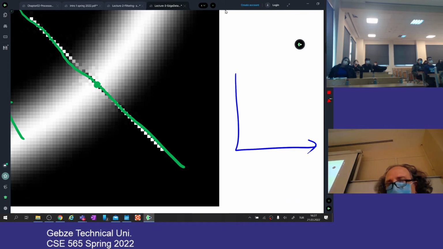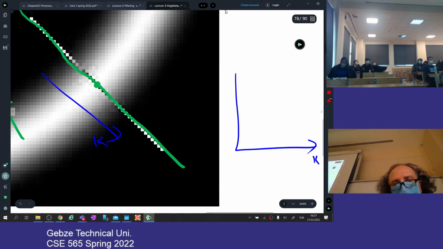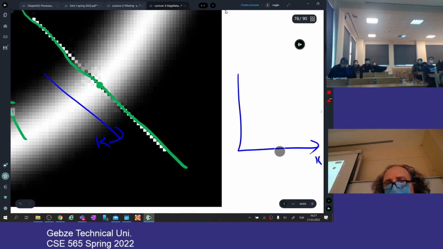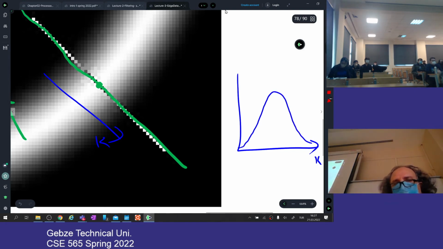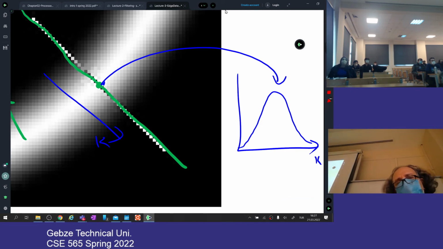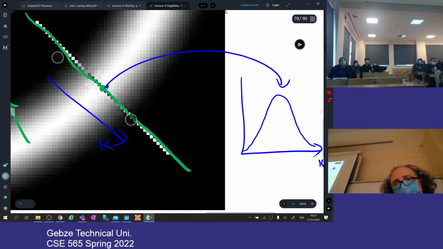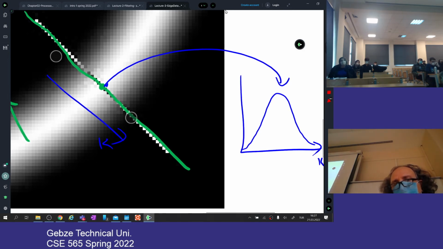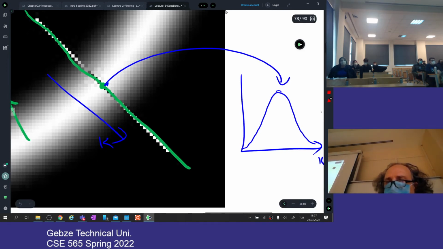This is my X, maybe I should call it K. This direction is K. While I am walking on K, I am drawing the magnitude value, so it's going to be like that, right? So this point corresponds to this point.